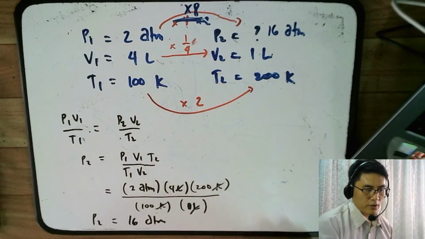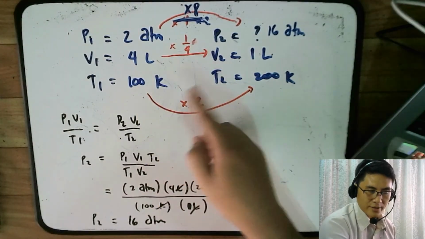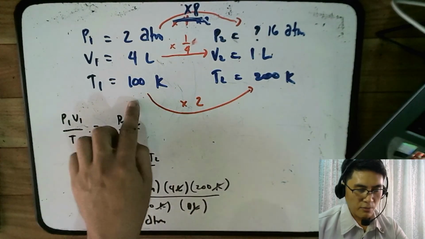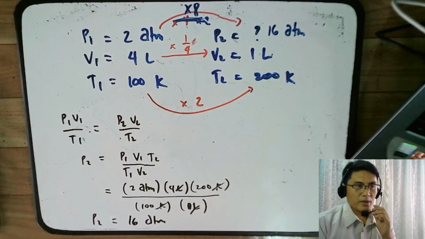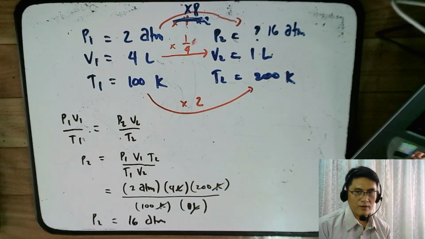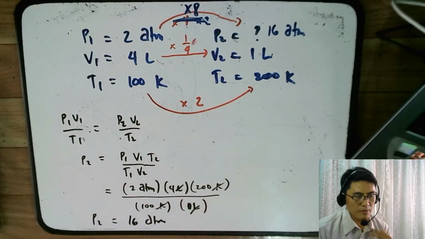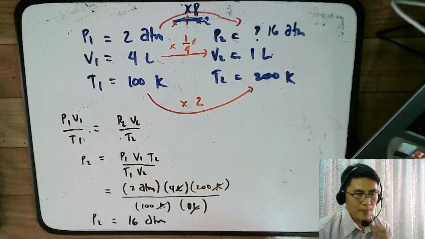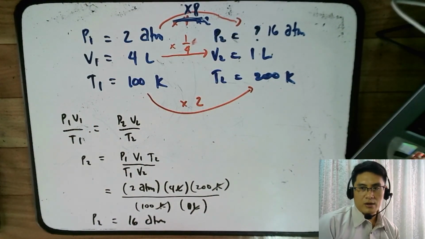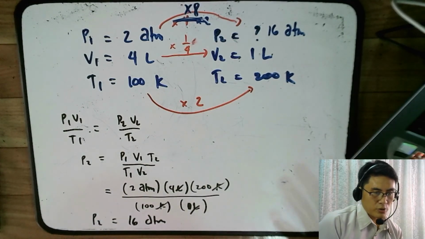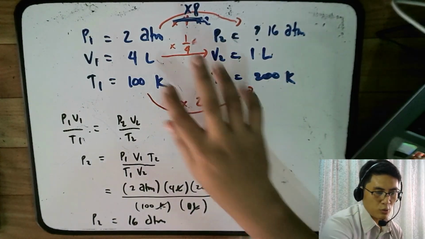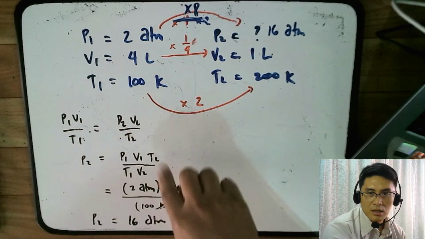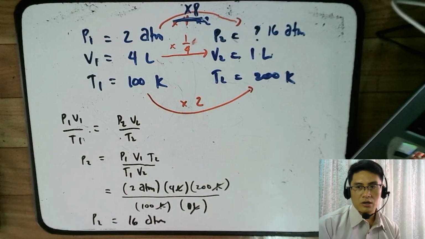Obviously, this only works if the changes you have are very regular, meaning it's multiplied by 2 or divided by 1/4. But if it's multiplied by 1.653, something like that, then you would be better off using the formal calculation. But that is the idea. You can apply this kind of mathematical intuition to the gas law so that you can know the answer even without using the formal calculation.